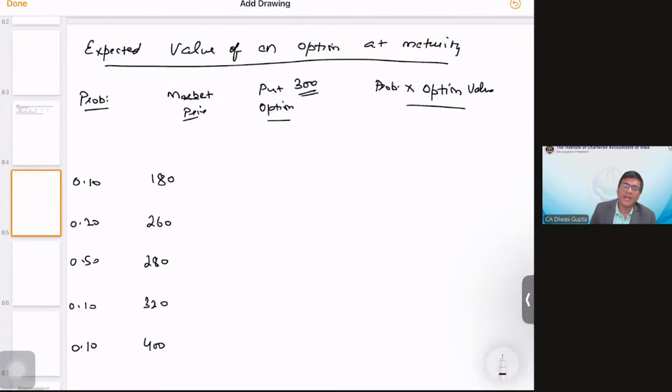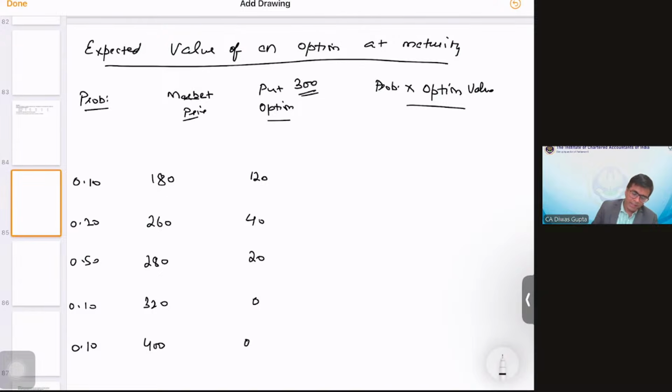If the market price is 180, in the first part, there will be a gain of 120 rupees, students, right? Here, there will be a gain of 40 rupees, which is 300 minus 260. And at 280, the strike price is 300, there will be a gain of 20 rupees. And here it will be 0 and 0.